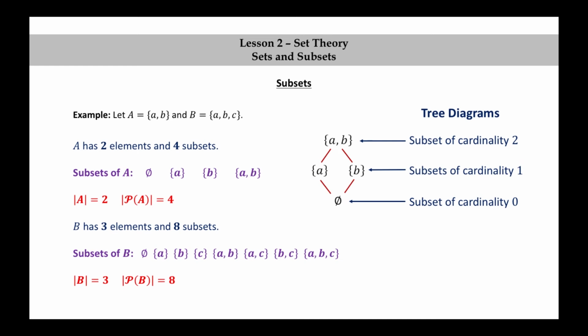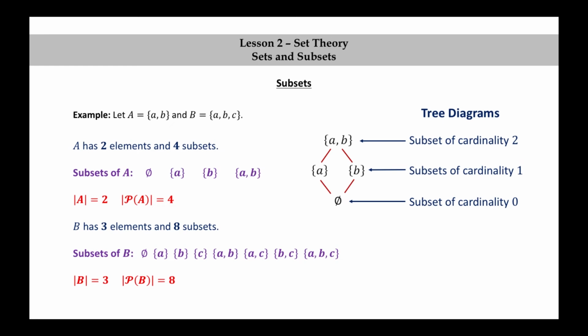The lines connecting these sets are there to illustrate the subset relation. The empty set is a subset of the set containing A, and the empty set is a subset of the set containing B, so we have a line for each of those. And each of the set containing A and the set containing B is a subset of the set containing A and B, so we have lines showing those relationships as well.